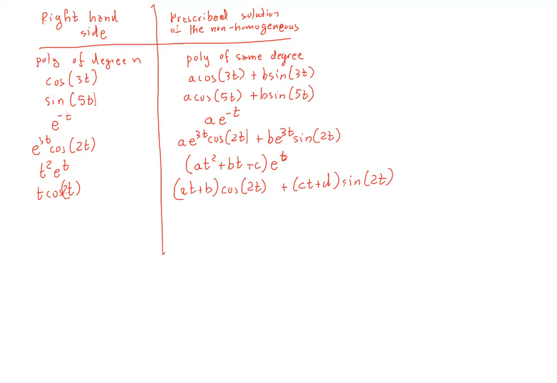Okay, so as one more example before we take our break, let's do the following. Let's do y double prime plus y prime plus y is equal to e to the t, let's say. Let's try to solve this one, and then we can take our break.